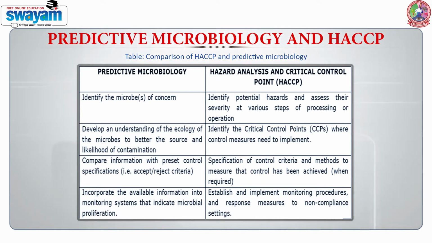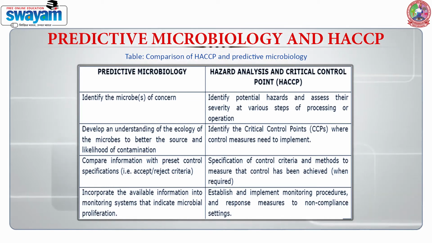Then when we talk about predictive microbiology, we are talking about the ecology of the microorganism in which it is going to grow, whereas in case of HACCP, we are only talking about the CCPs, the critical control points. In case of predictive microbiology, we are comparing against preset control specifications. These can be accepted, these can be rejected. But in case of HACCP, we are talking about the control criteria and the methods where the control has been achieved or should be achieved as and when required.